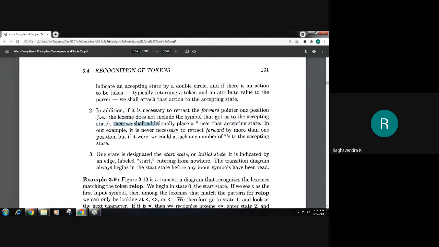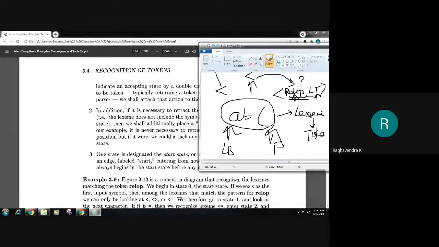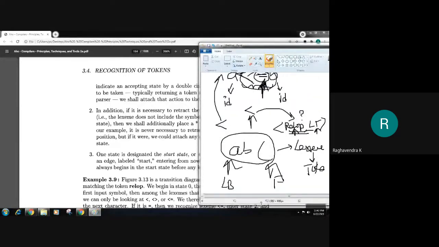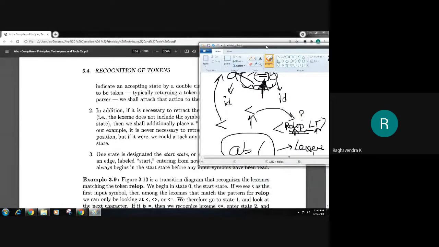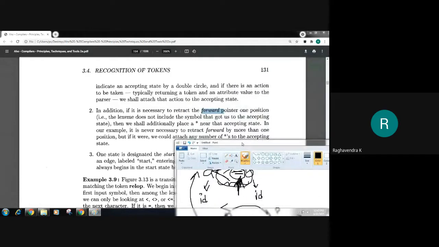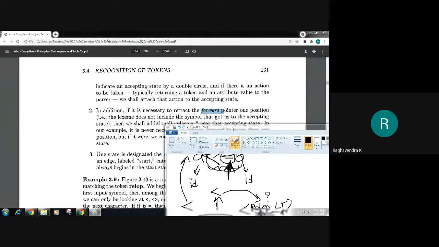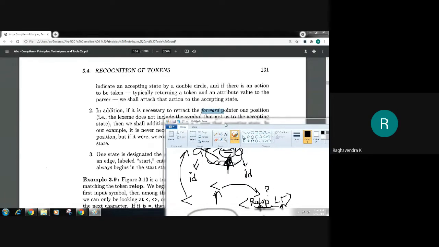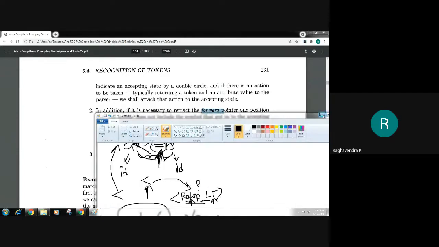In that case, we shall additionally place a star near the accepting state. I'll come back to the example later. So when we are in an accepting state and have seen a symbol that is not a part of the lexeme, we retract the forward pointer. This is the second case.